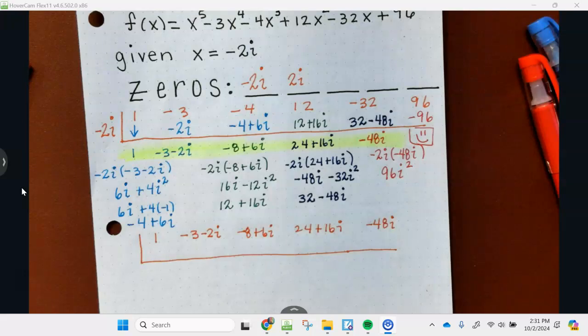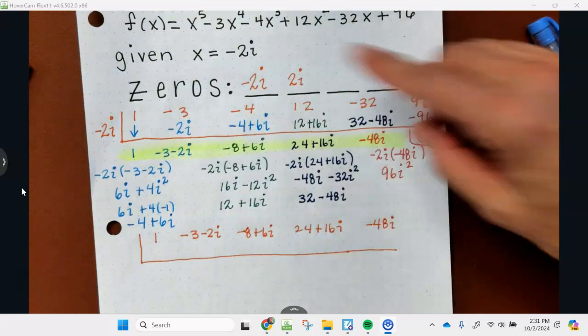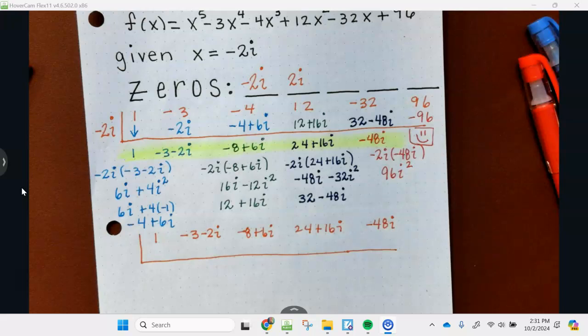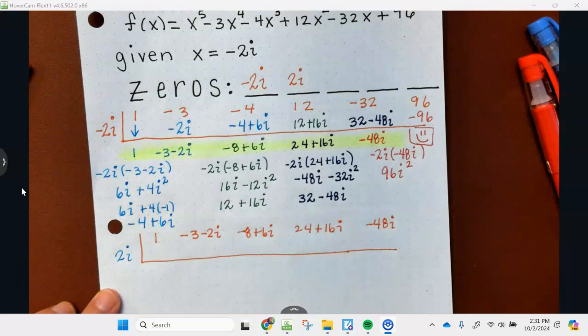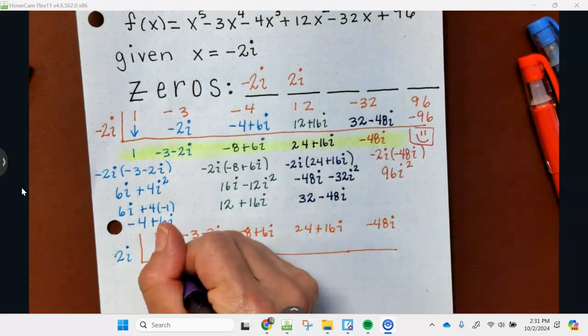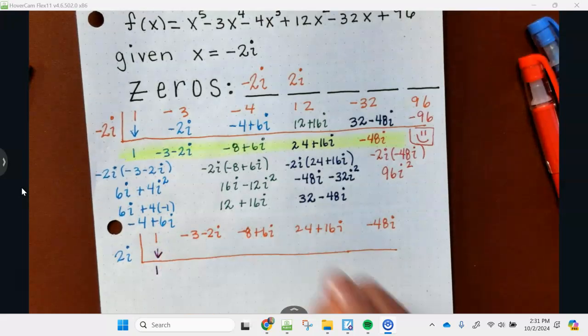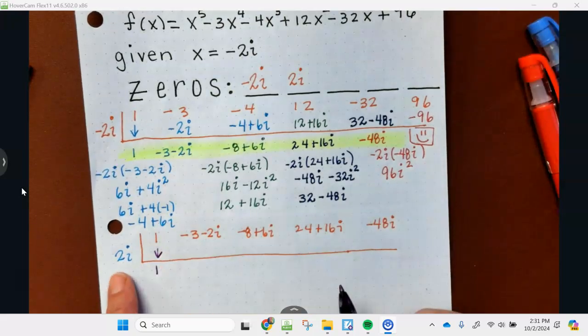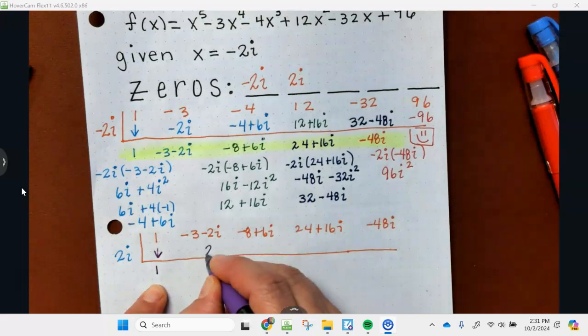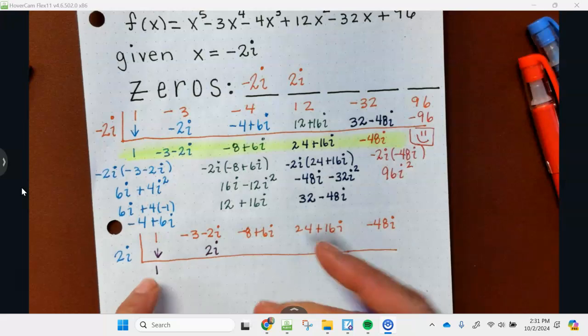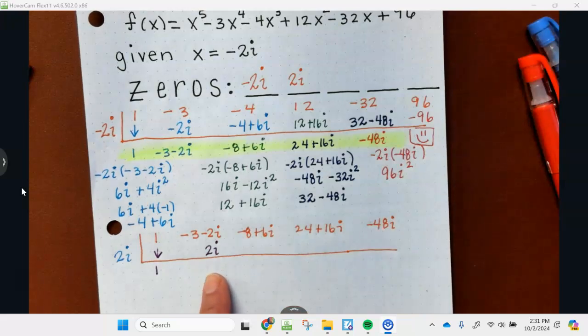And this time, we're going to divide by 2i. So put a positive 2i out there. All right, here we go. Y'all know what to do. Bring the first number down, and here's where the beautiful magic happens. 2i times 1 is just 2i, so that goes here. Look, see how they cancel out? So pretty.